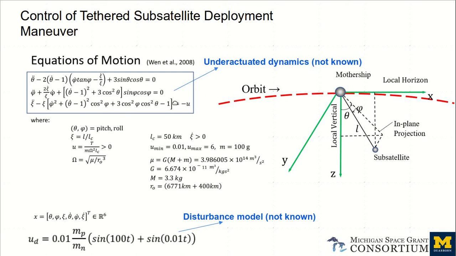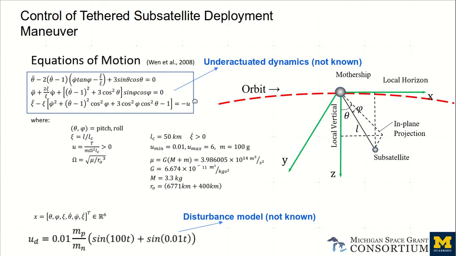So, equations of motion of this subsatellite deployment maneuver are given using these nonlinear equations, which are coupled with each other and they are under-actuated, meaning that there is only one control input and 3 degrees of freedom, which are the angles theta and phi, which describe the geometric configuration of the subsatellite with respect to the mothership, and the controlled current through the EDT, which would control the length of this EDT.